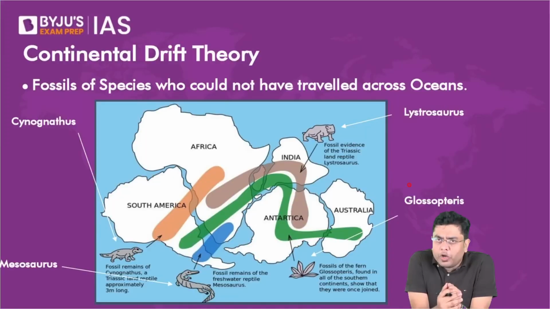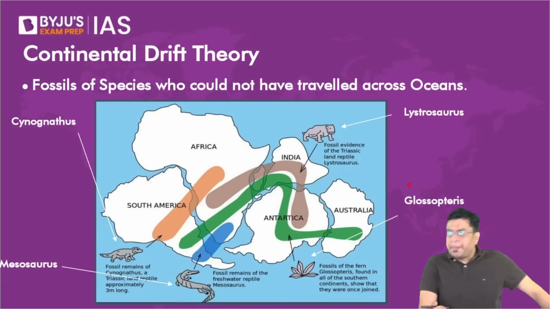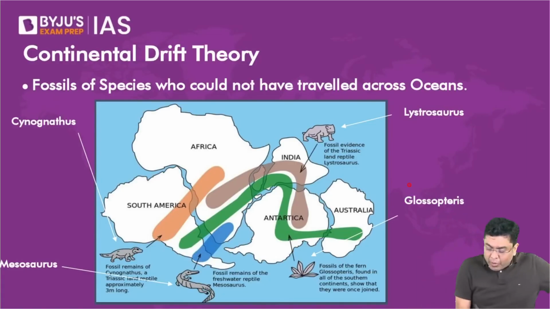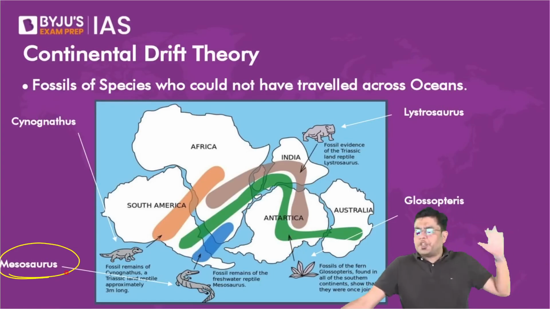So the paleontologists, when they carried out their study, had observed the evidence of fossil remains of certain types of species spread across various continents. For example, you had one of those freshwater reptilian species with the name of Mesosaurus. Now, Mesosaurus was an 8 to 10 feet long reptilian species which would exist only in freshwater.